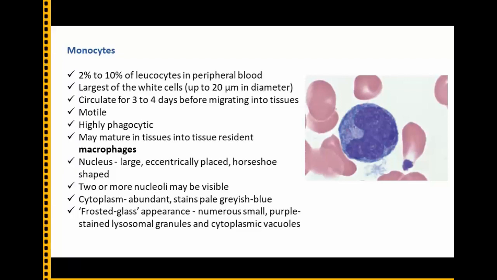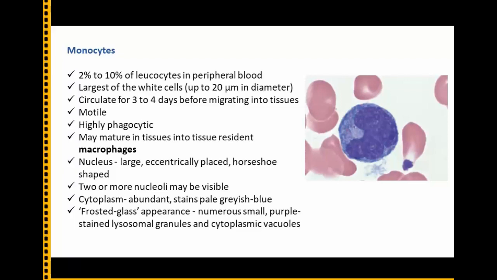They have a large, eccentrically placed, horseshoe shaped nucleus and pale staining abundant cytoplasm. We call this purple stained granule-like appearance a frosted glass appearance in monocytes.